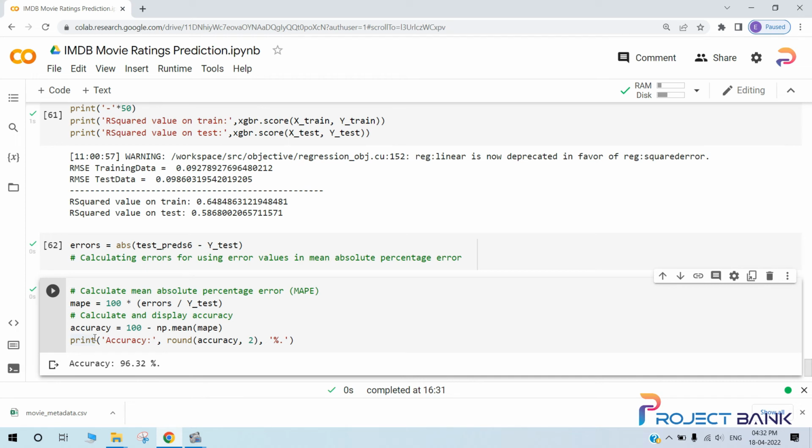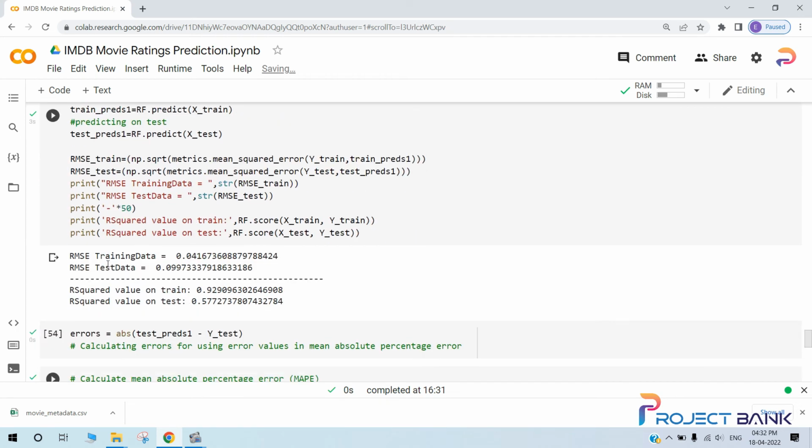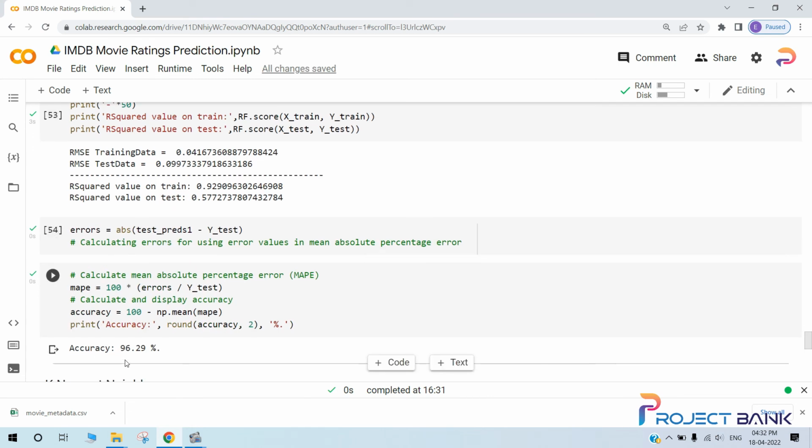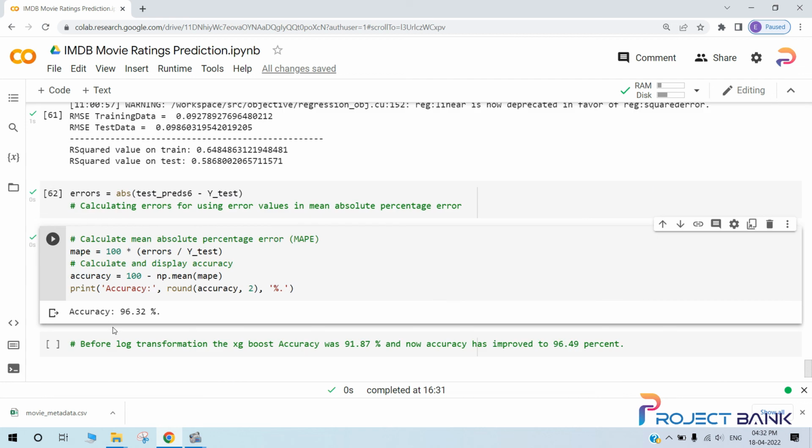When we compare this to the random forest regressor model, for the random forest regressor the accuracy is 96.29%, whereas for the XGBoost model it is 96.32.